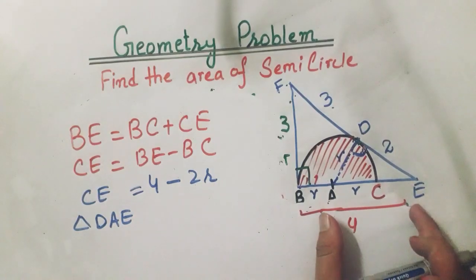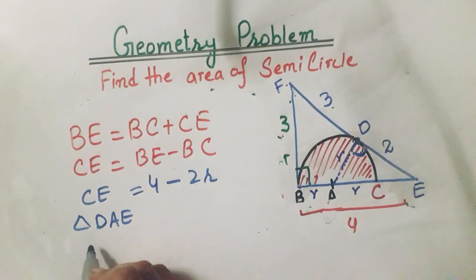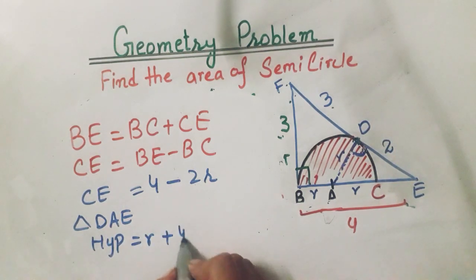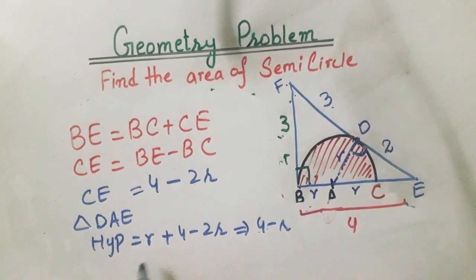So hypotenuse is R plus 4 minus 2R, it means 4 minus R. Hypotenuse is 4 minus R, base is R, and perpendicular is 2.